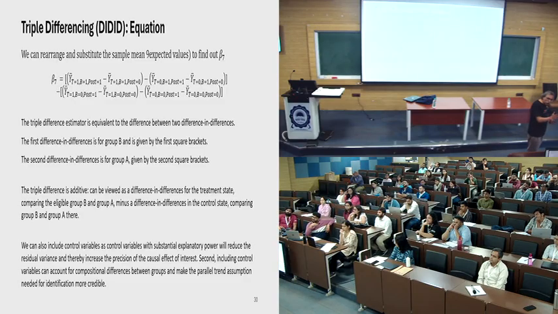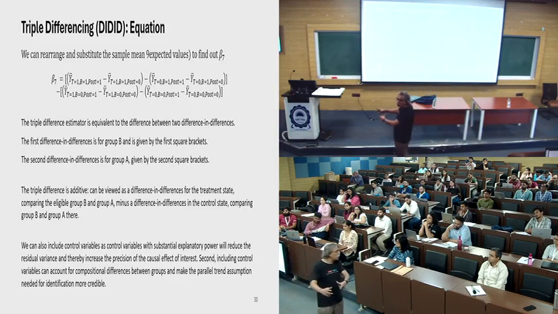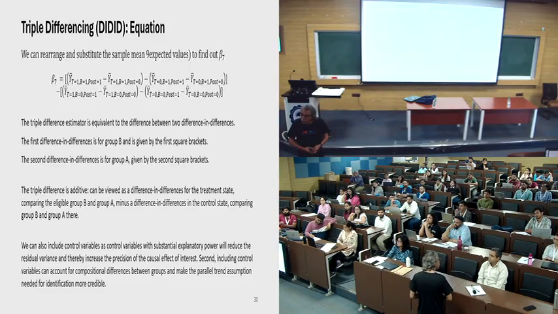I have a control state with two groups, B and A, exposed and not exposed. I first calculate the difference in the treatment state, then I calculate the difference in the control state, then I take the difference between the treatment and the control, and hence I call it triple DID. Clear? Right?